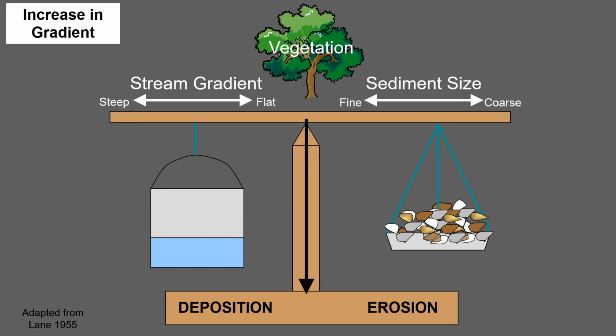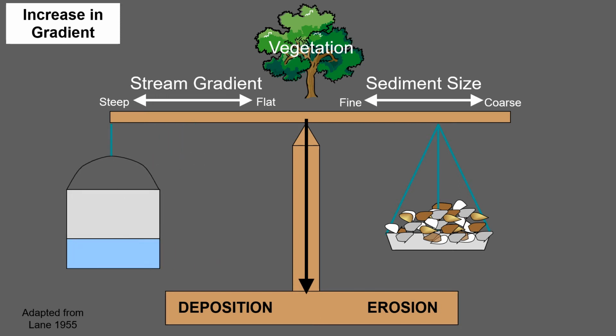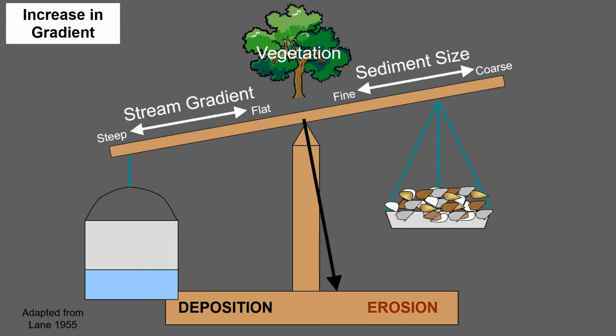Well, let's find out. We move our bucket to the left, and as you can predict, our balance tips. And notice where the arrow points. It's pointing to erosion. So by increasing the gradient in a stream, it actually increases the energy or the velocity of the water, and the channel responds by having a lot more erosive power.